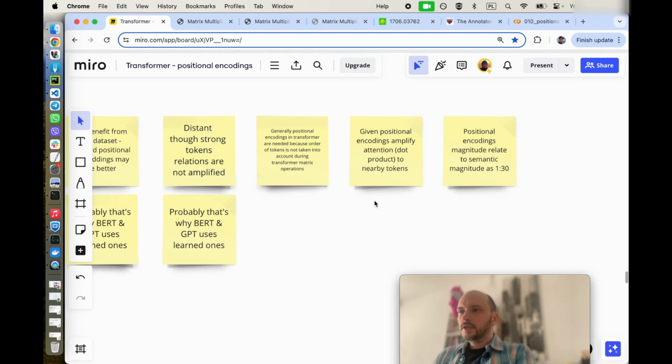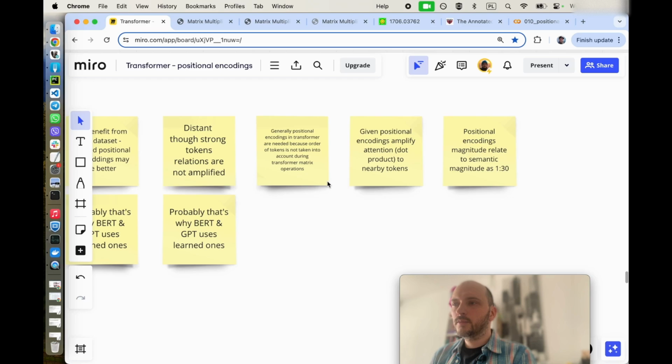And generally we see that positional encodings are needed because the order of tokens is not taken into account, and the way internal representations of the input change when we change the order of tokens is not easy for the model to learn.